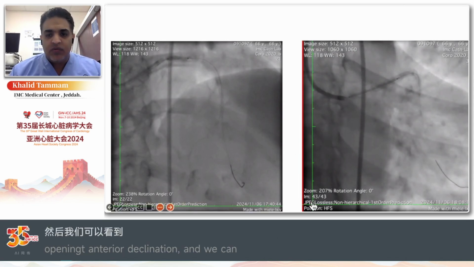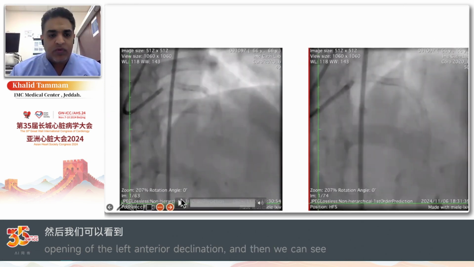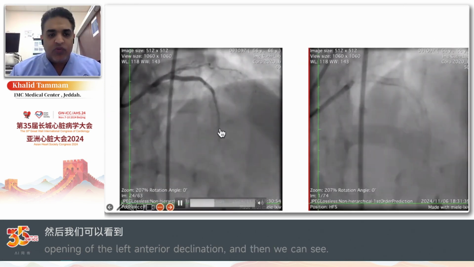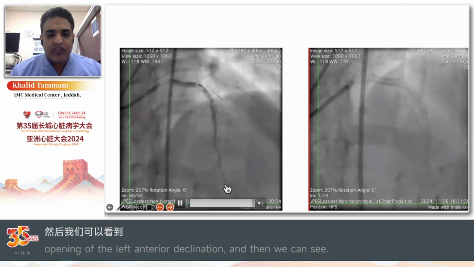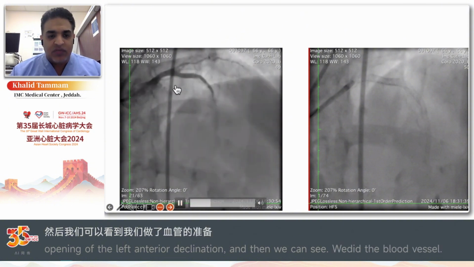Then we dilated, and we put the stent proximally, and here the distal LAD was treated with a drug-eluting balloon successfully.